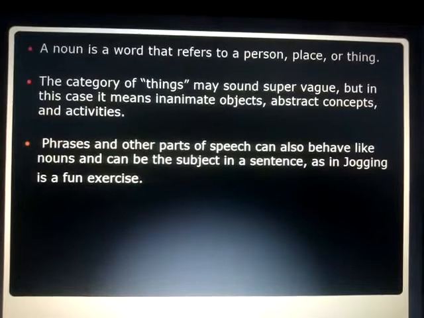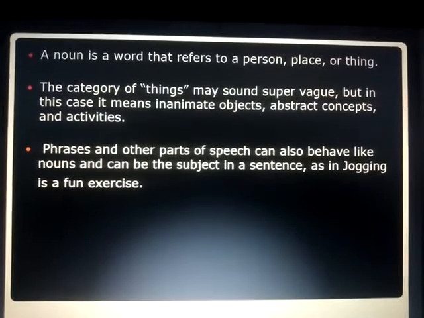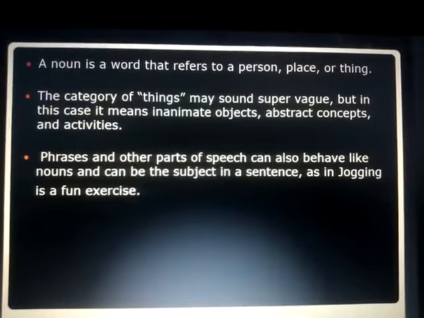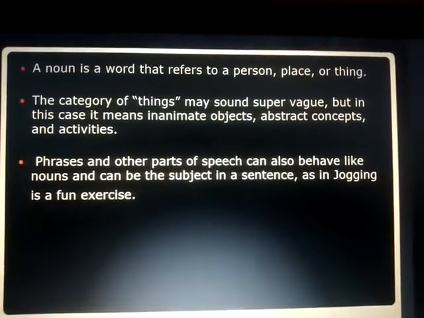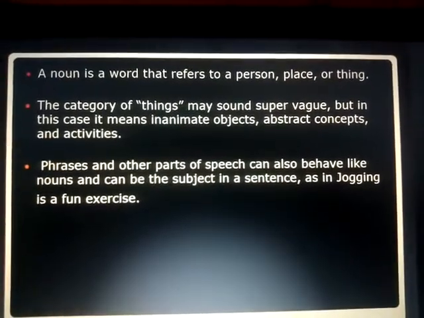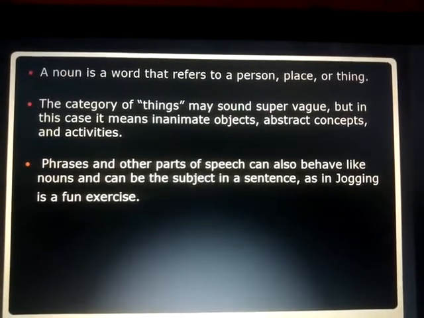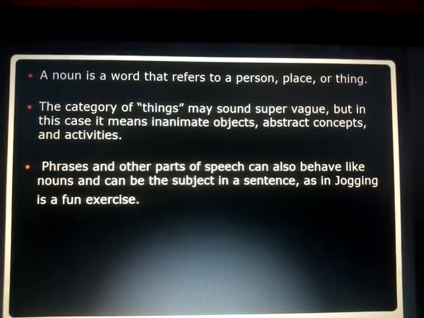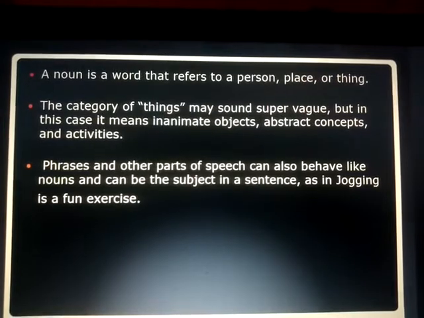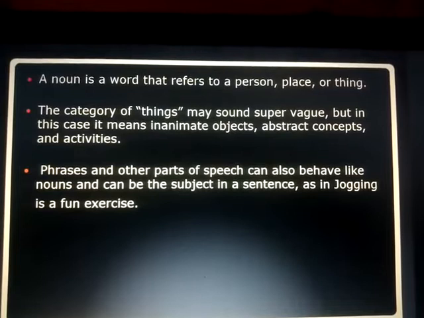A noun is a word that refers to a person, place, or thing. The category of things may sound super vague, but in this case, it means inanimate objects, abstract concepts, and activities.